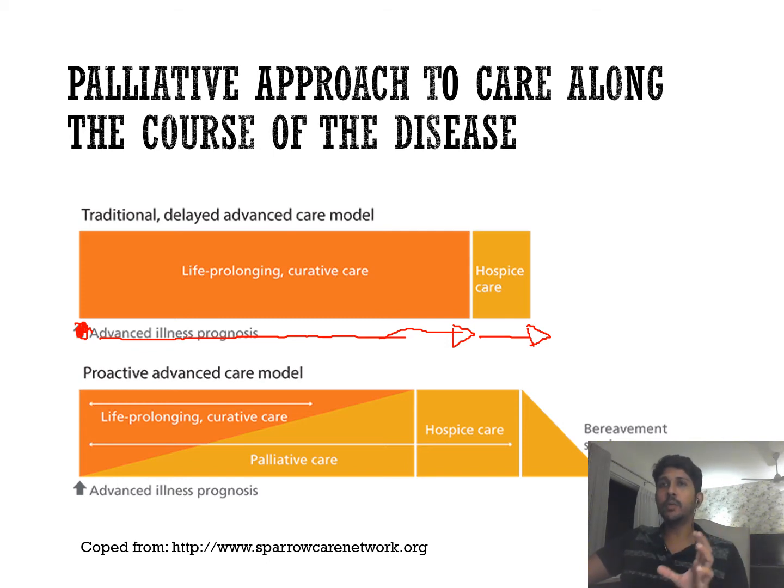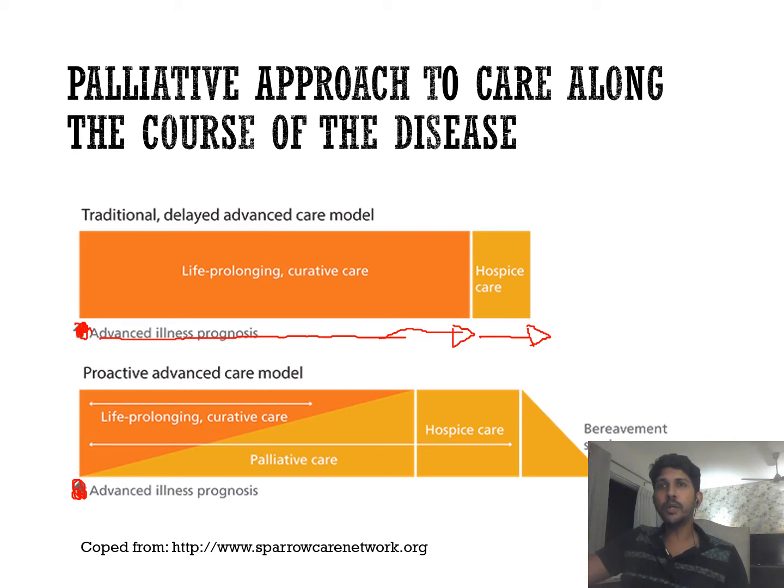And now what we understand is, starting from the point of diagnosis, obviously you give curative and life-prolonging forms of treatment. So you try to save the patient's life, or even prolong the patient's life through invasive or even toxic treatment modalities.